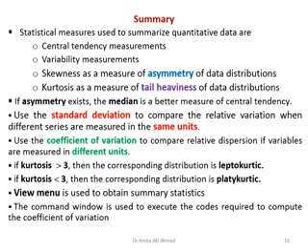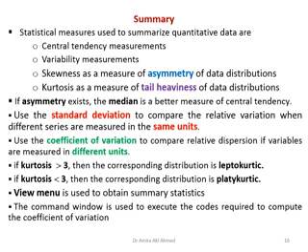Moreover, the standard deviation is used to compare the relative variation of data distributions if different series are measured in the same units. If not, the coefficient of variation is employed for such a comparison. Data distributions that have kurtosis values that exceed 3 are said to be leptokurtic, whereas they are said to be platykurtic if these values are lower than 3. The view menu from the series title bar is used to obtain summary statistics for a single variable.